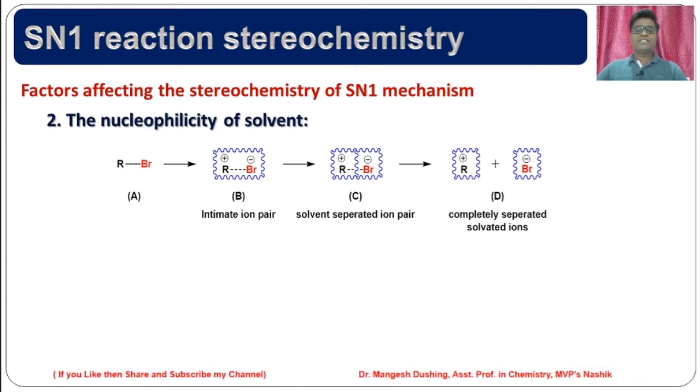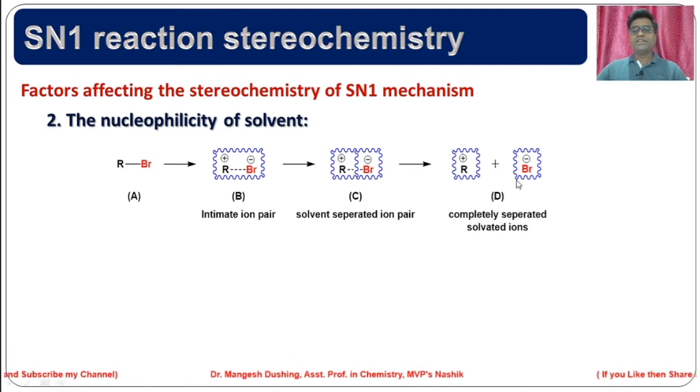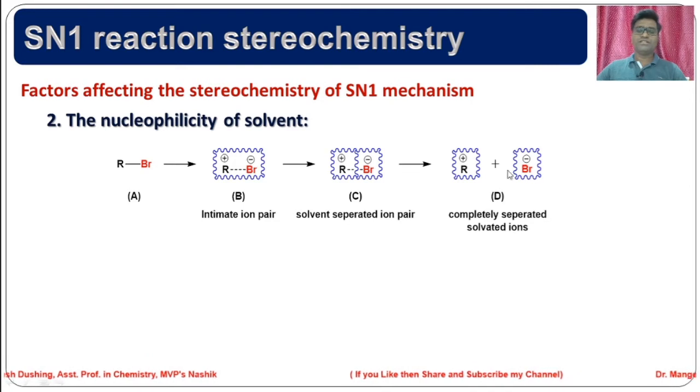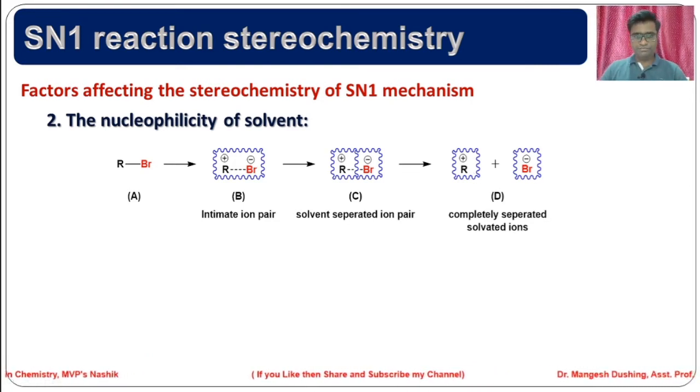So these ions are separated by the solvent. And finally, the completely separated ions, that is solvated ions. Now this R plus is also solvated by the solvent, and this Br minus is also solvated. So there will be complete dissociation of the substrate.